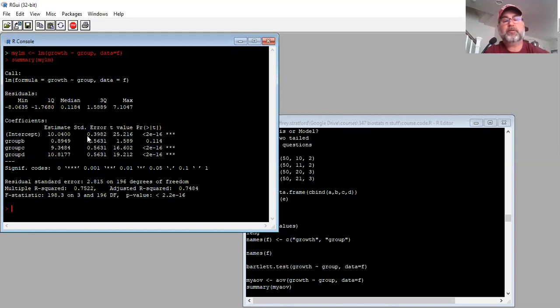Here's our standard error. I think it was 2. If you took 2 and divided it by the square root of 50, you should get about 3.982. This t value represents the mean, and whether it's different from 0, and that's the p-value.